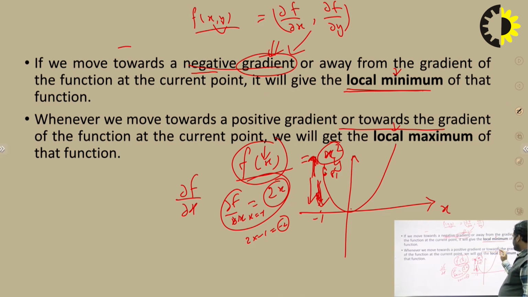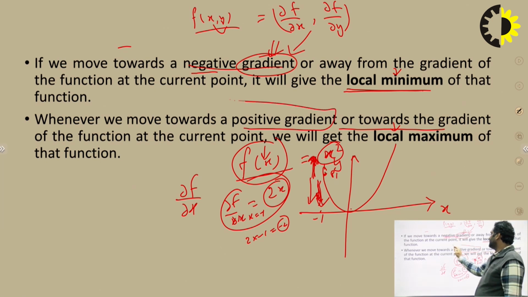In the same way, if we want to find the local maximum, in which direction do we have to move? In the opposite direction of that one, that is towards the upward direction. At that point, we will move towards a positive gradient, meaning the gradient's value will always increase.